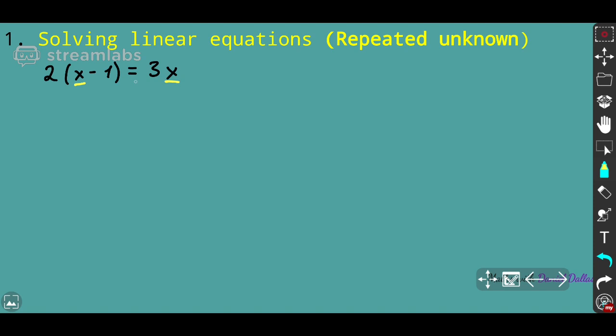So that means before doing that, you need to expand brackets. So the goal in this case is to combine all x's on one side.